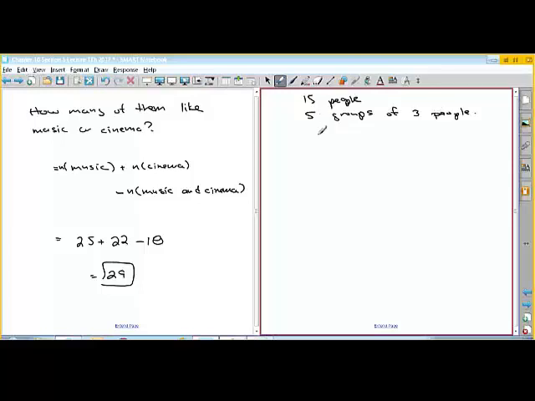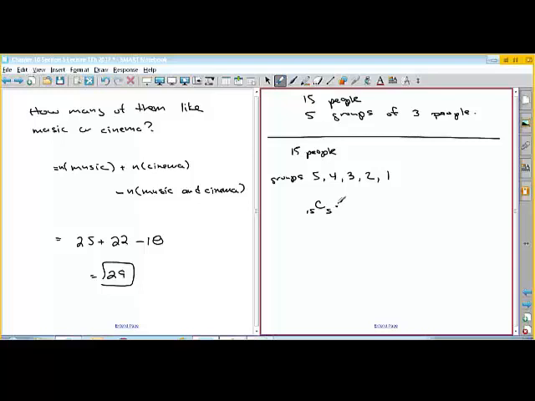So before, let's just review what we looked at before. We had 15 people, and we had groups of different size. You had groups of 5, 4, 3, 2, and 1. And in that case, we said, well, if we have 15 people and we take 5 of them into a group, there are this many groupings you can do, taking 5 people out of 15.